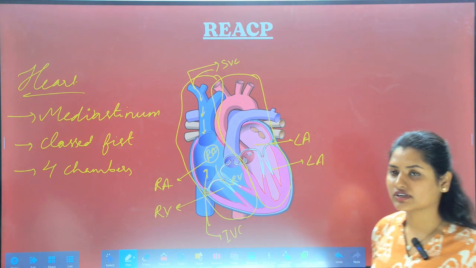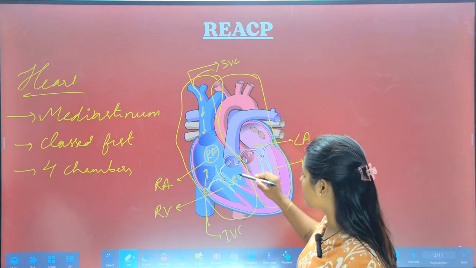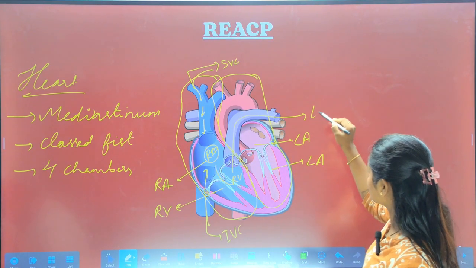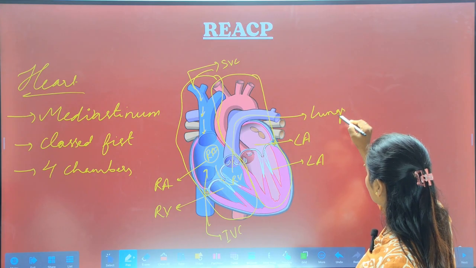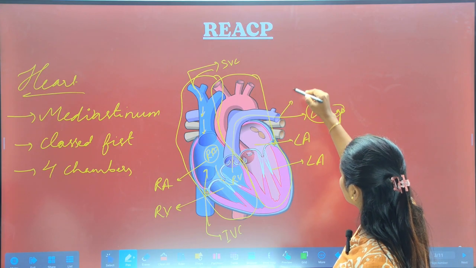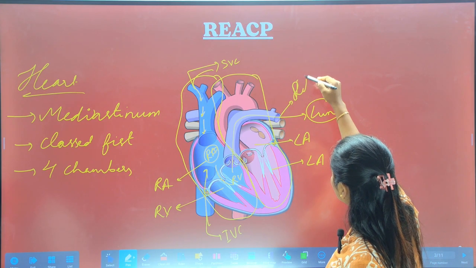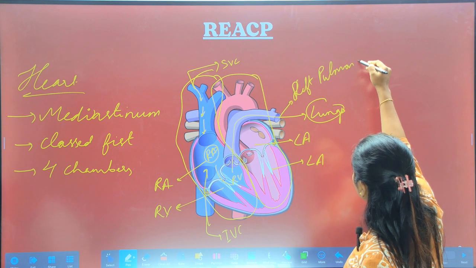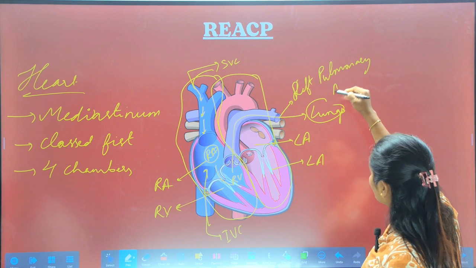So what will the right ventricle do? It pumps deoxygenated blood to the lungs via the left pulmonary artery and right pulmonary artery.